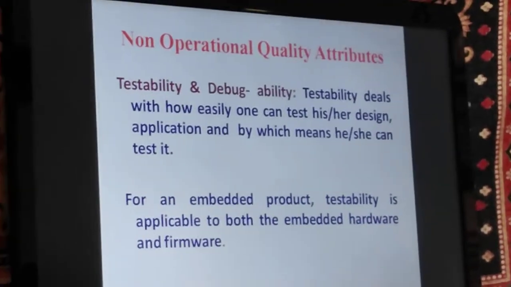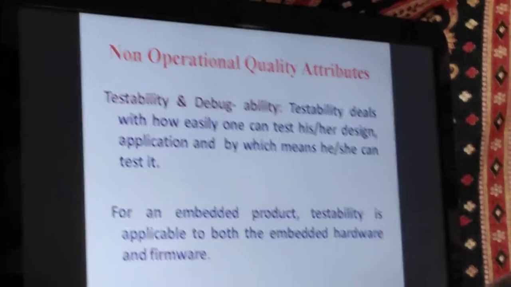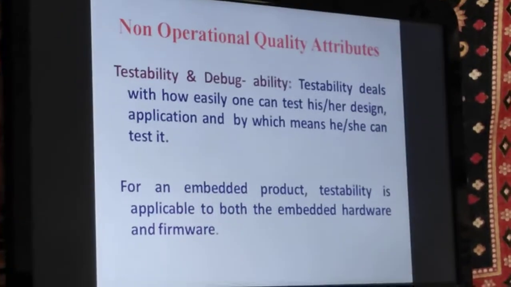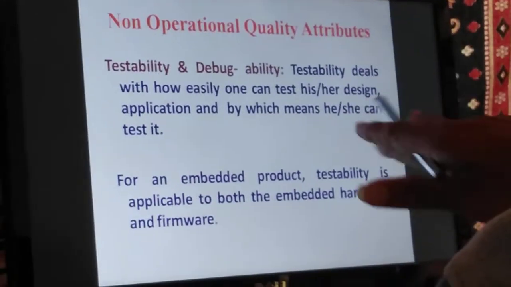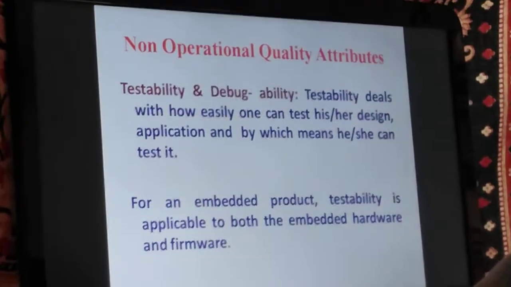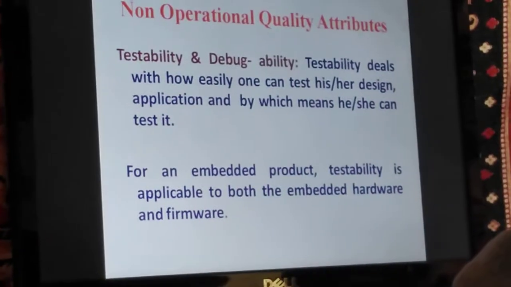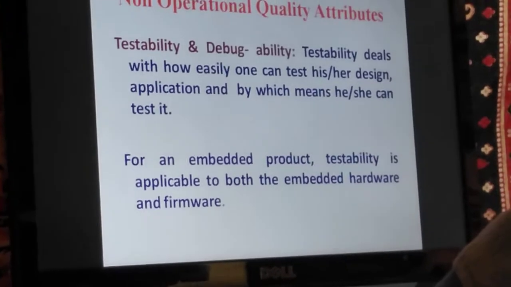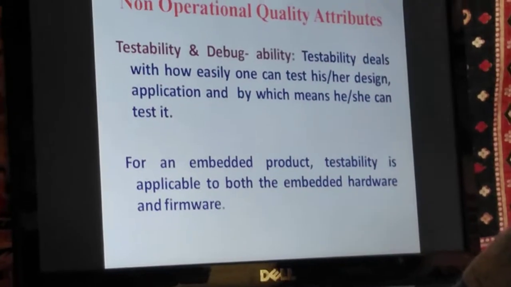All these things we will come to know only if we debug the system. Debugging is simply checking the correctness of the functions of that system.